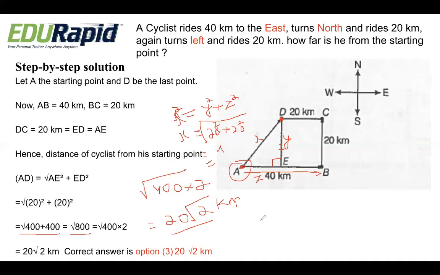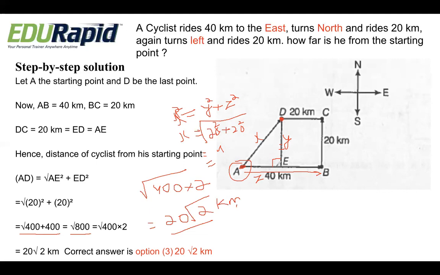It is very rare that a question this complex will show up, but I would suggest you be ready to face a problem like this and understand how we got into this situation, how we were able to write a right angle triangle here, and why we need to use Pythagoras theorem. Pythagoras theorem is the simplest of theorems.